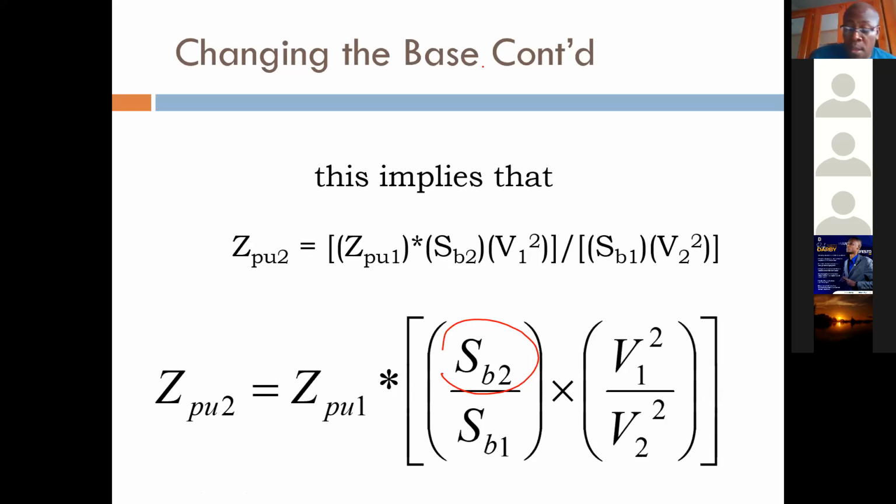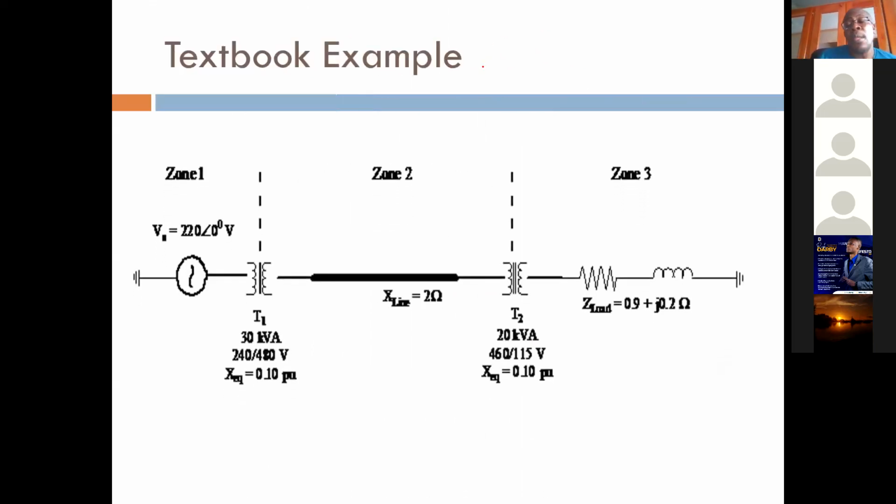But anyway, here's the question. And note, it's coming from a textbook. So if you don't catch it now, you can go back and look at what I'm doing, but I will try to break it down. So this is your network, students. By the way, did I say we don't have anything else to talk about in terms of per unit?